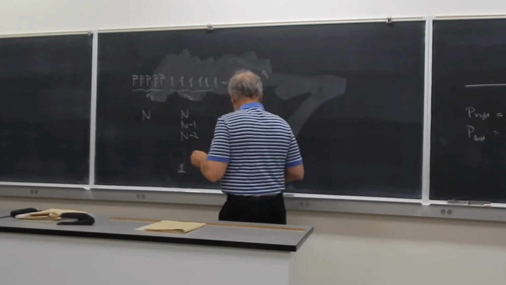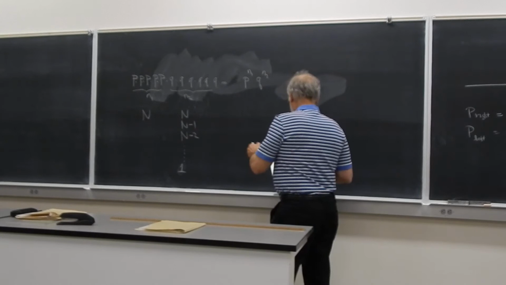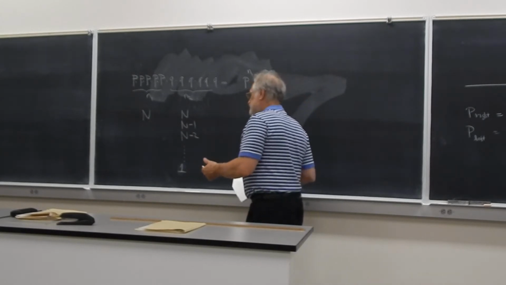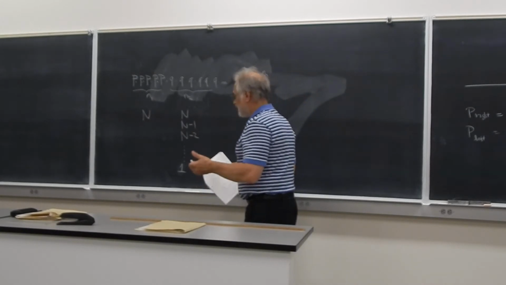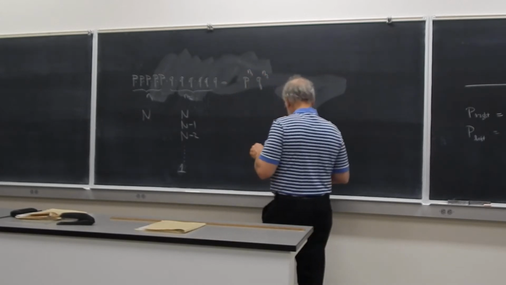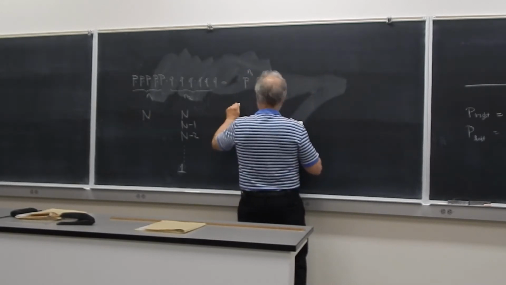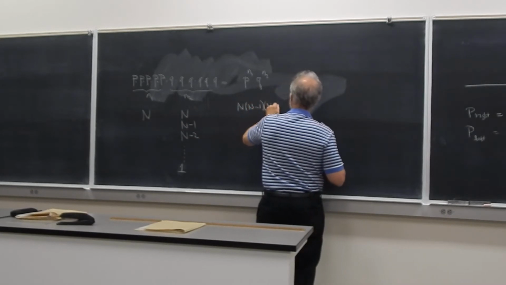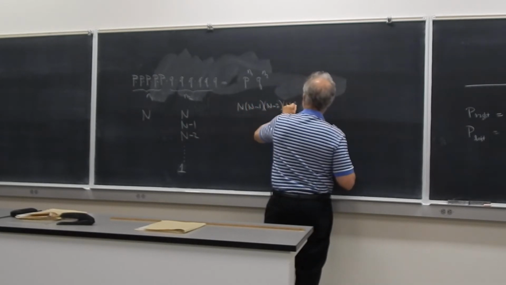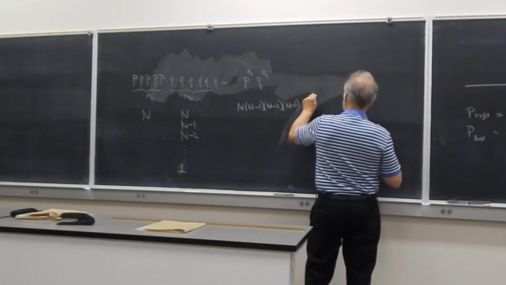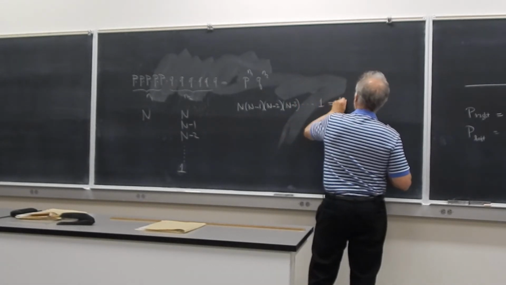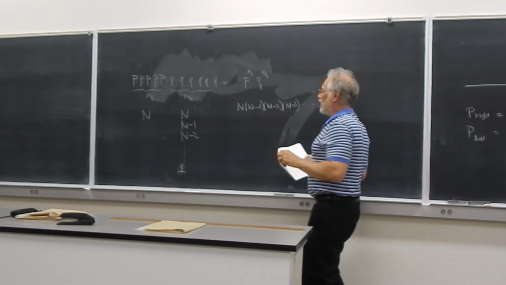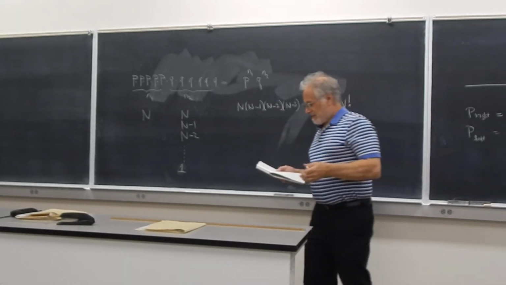What this is saying is that if I could tell one left step from another left step, I would say that the steps were distinguishable, and I would have N factorial ways that he could have this configuration.